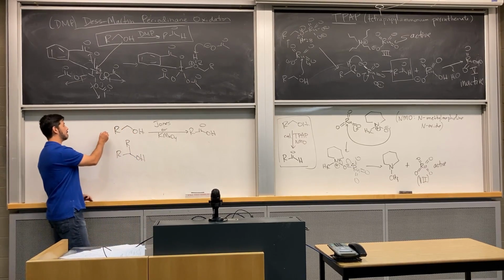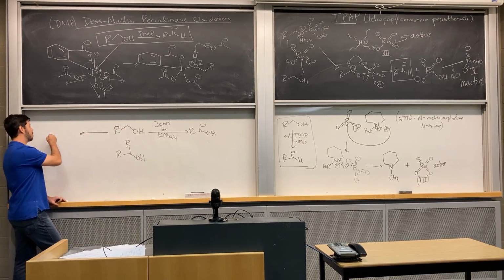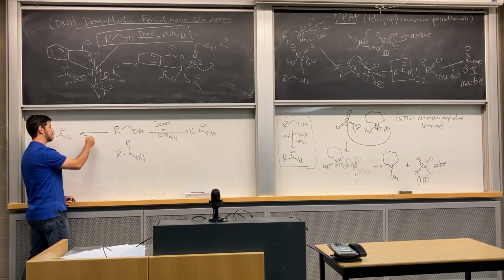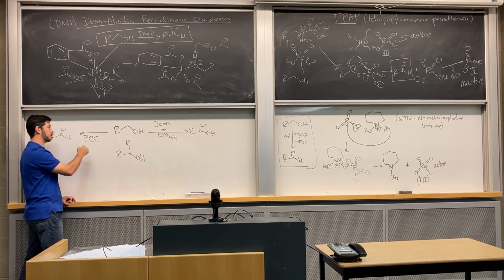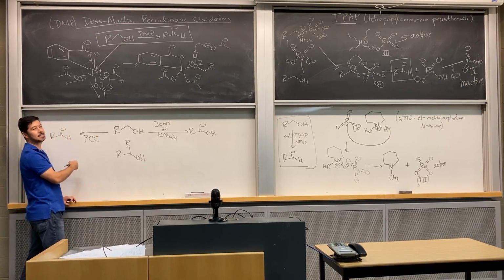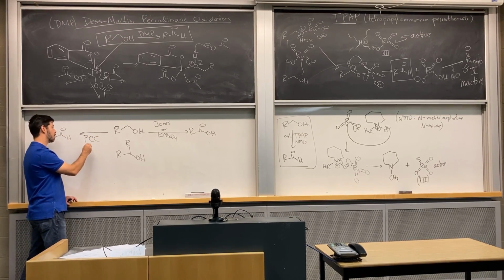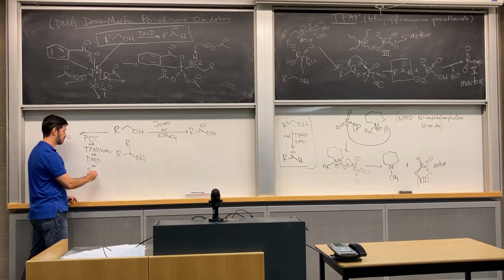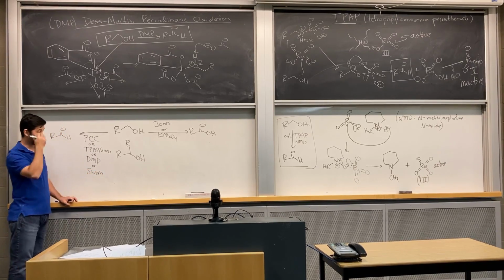If you wanted to take this alcohol, but you want to stop at the aldehyde, then you can use things like pyridinium chlorochromate, PCC, or you can use things like TPAP, NMO is good. You can use things like Dess-Martin periodinane, or you can use things like Swern oxidation.